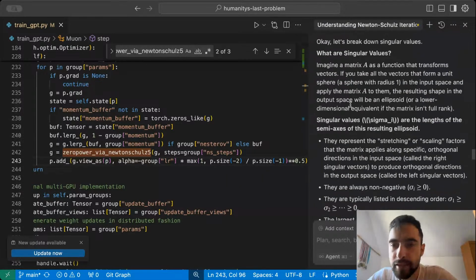Okay, let's read this. What are singular values? Imagine a matrix A as a function that transforms vectors.